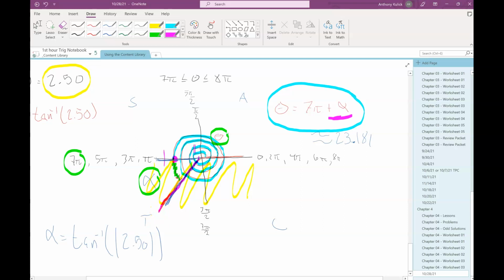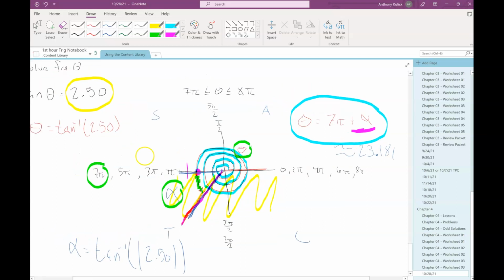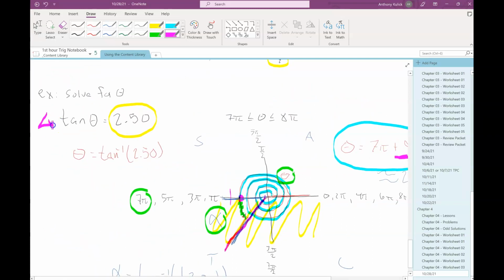No, I got that. Why do we even find that? That's how you make sure that you're finding the answer in the correct quadrant, inside the correct range of values. The problem is asking you to find theta where tangent of theta is this, and theta is in between those values.